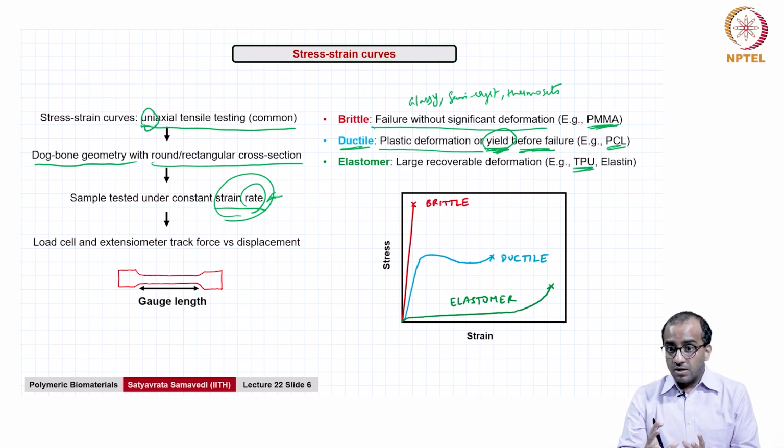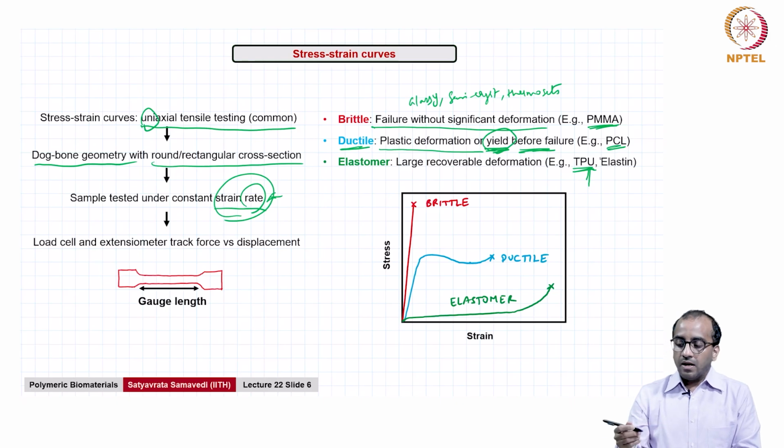Recall that thermoplastic polyurethane is unique because it has the processability of thermoplastics and the elastomer-like behavior coming from the soft segments in the polyurethane, right? So, it's a combination of the hard and soft segments that contribute to the properties of the polyurethane. A natural polymer example that we have seen earlier is elastin, which is a natural elastomer, right?